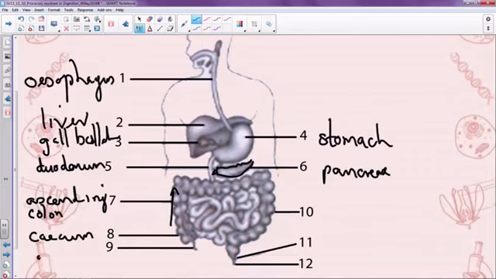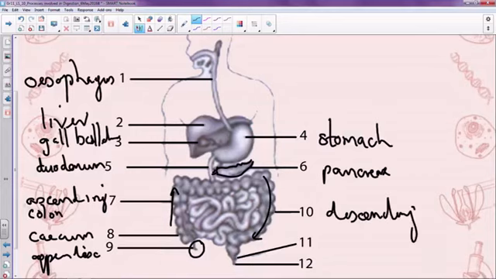And number nine is the appendix, and if you look at the appendix, you'll find it's a little remnant or rudimentary or vestigial structure, which is a remnant of a gland that used to produce an enzyme that was important in the digestion of complex protein molecules. Here we're looking at the descending colon, which is the last part of the colon.